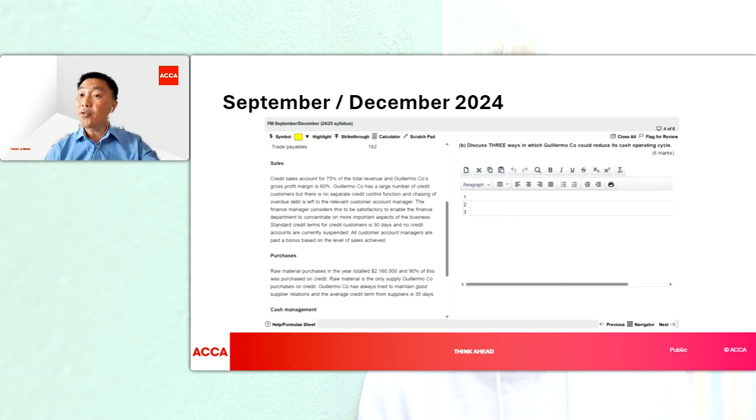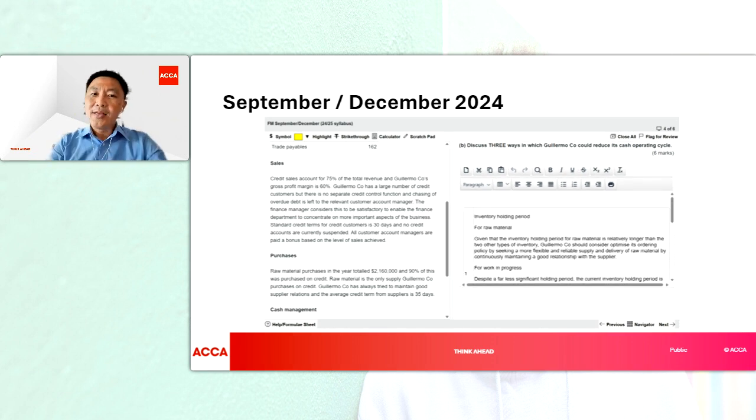On the contrary, take a look at the following. Take a look at how I articulate the ways to improve by reducing the cash operating cycle, starting with the inventory holding period. So how are we to cut down the inventory holding period, knowing that we have 3 types of inventory? So I go straight into raw material in the first place with a signpost.